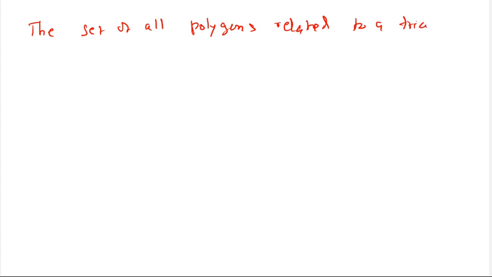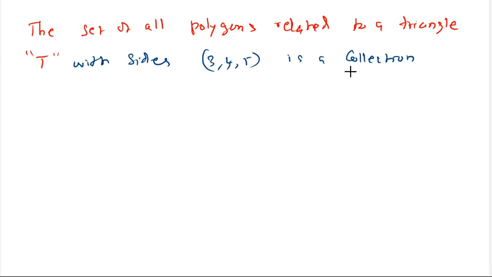triangles. The set of all polygons related to a triangle T with the sides 3, 4, 5, a right triangle, is a collection of triangles in a plane.